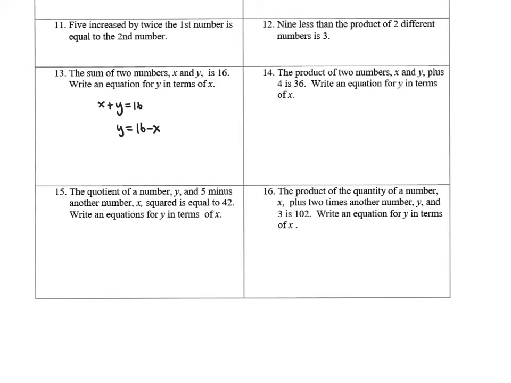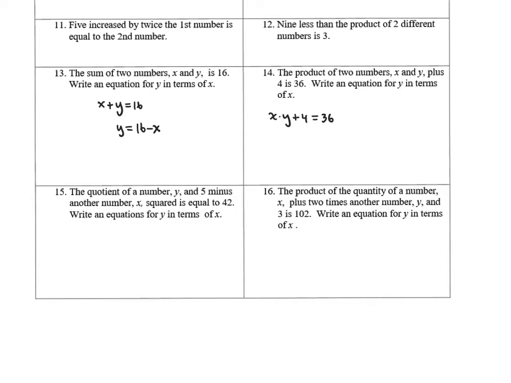Okay, number 14 says the product of two numbers x and y, product meaning multiplication, plus 4 is 36. Write an equation for y in terms of x. That means I want to isolate y and have x as the independent variable.